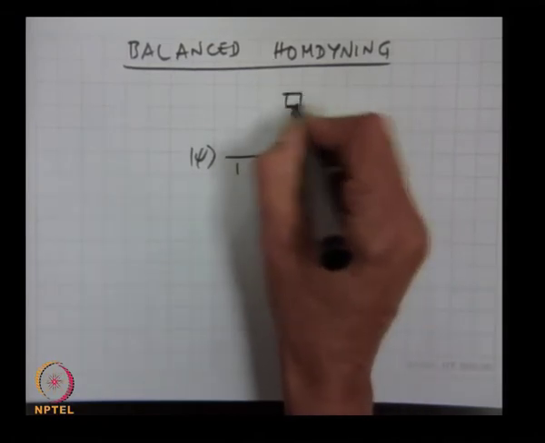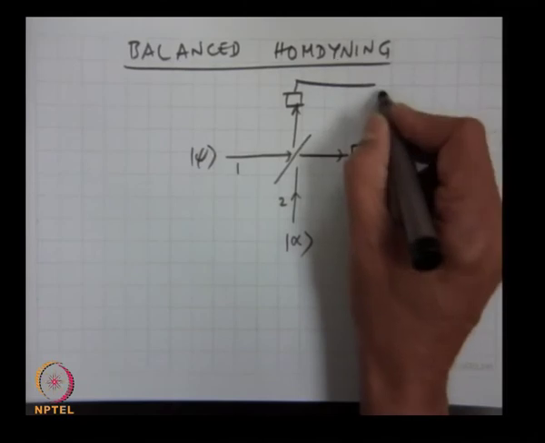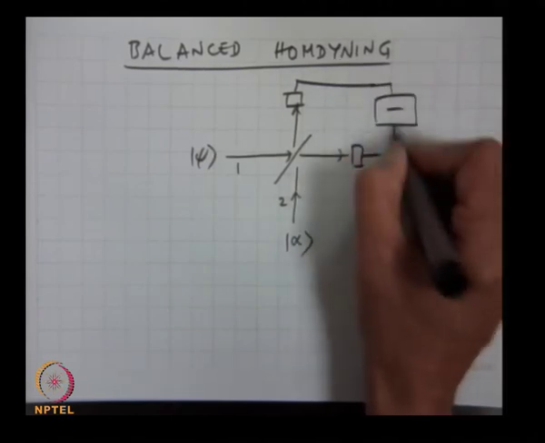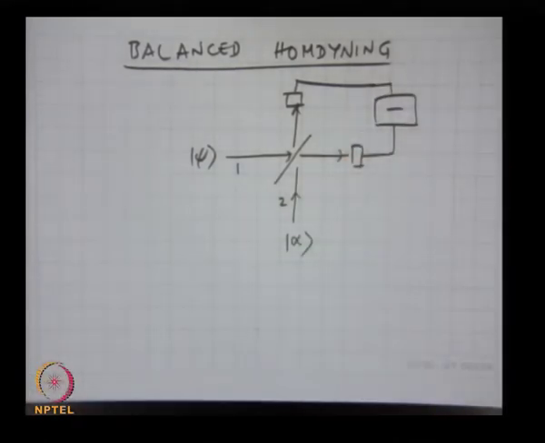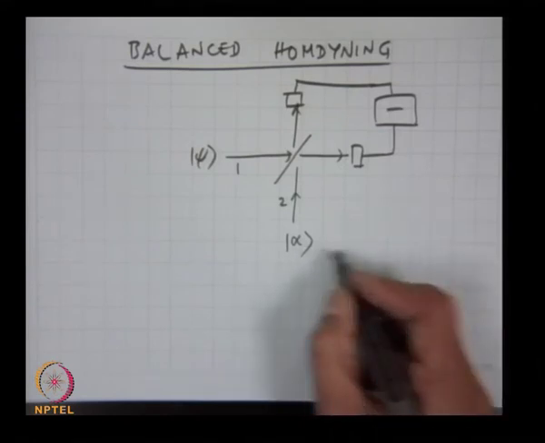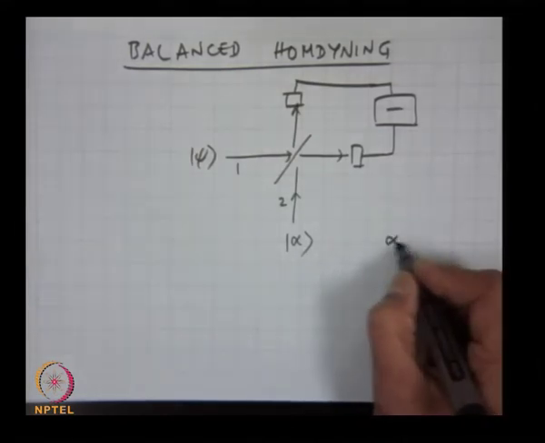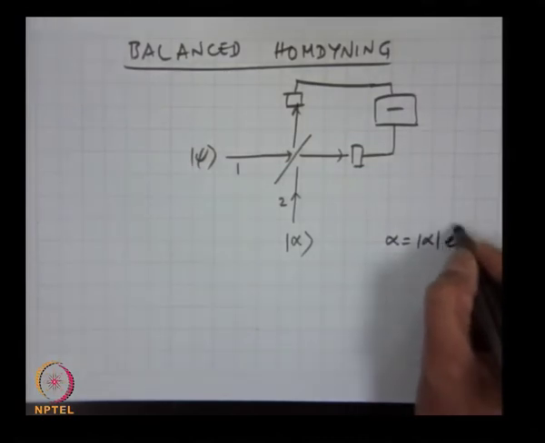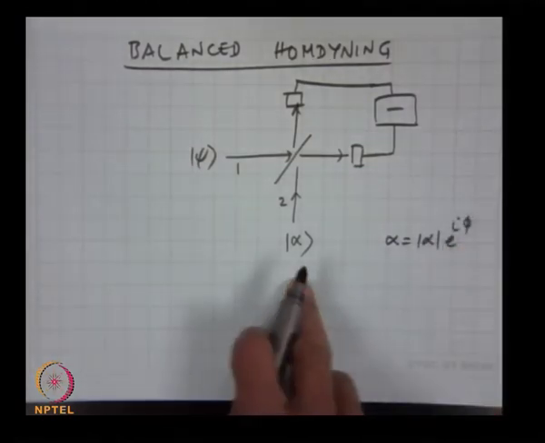These two outputs are detected and then processed. This alpha is mod alpha exponential i phi. There is a phase of this coherent state.